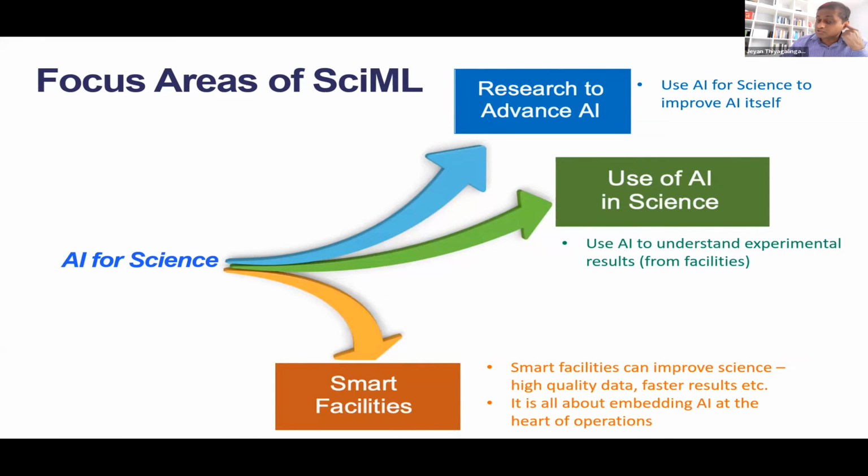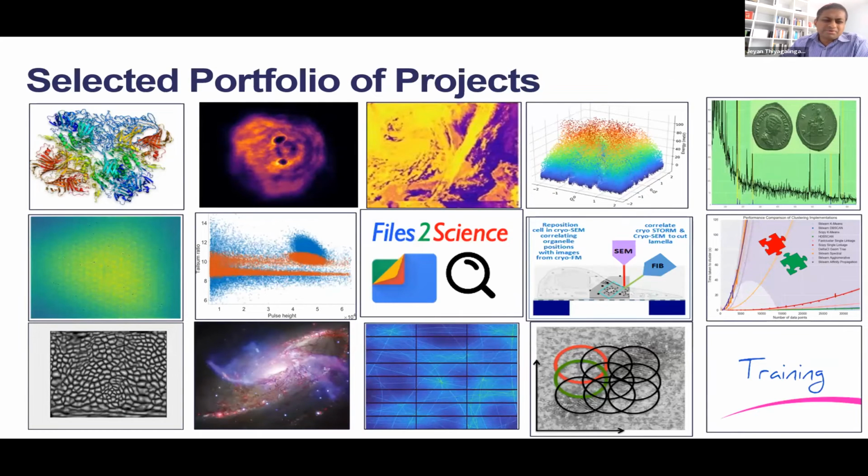So we also spend a fair amount of resources on working on fundamental AI aspects. These techniques are inspired by the problems we encounter right across the facilities. I'll give you some examples later. It's a large portfolio of projects, all the way from understanding cryo-electron microscope data to understanding archaeological materials.